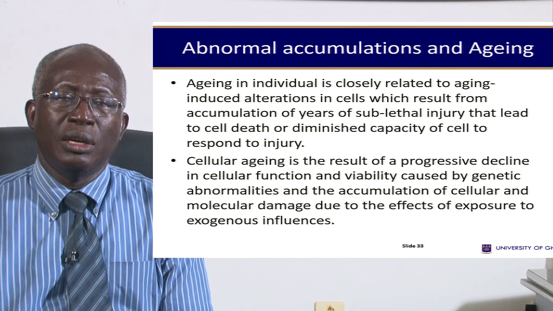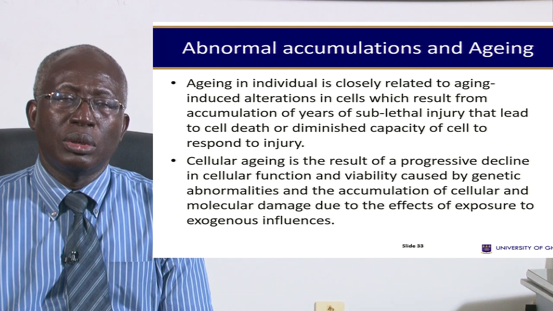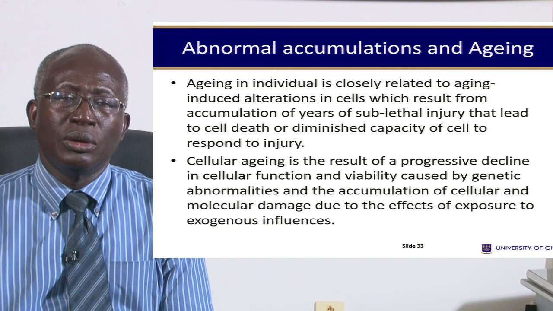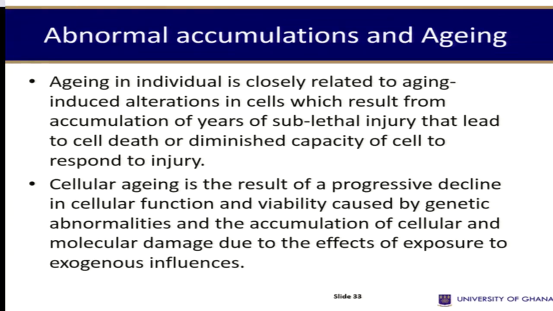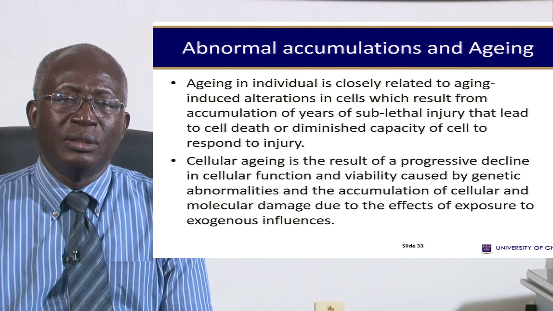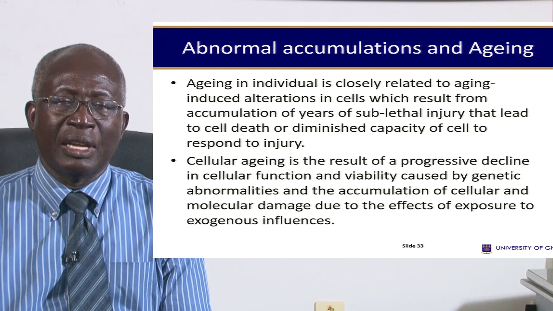Aging is closely related to alterations in cells that result from accumulation of years of sublethal injury. So the cell gradually has a diminished capacity to respond to injury. And it may also be linked to progressive decline in the viability due to genetic abnormalities that accumulate.